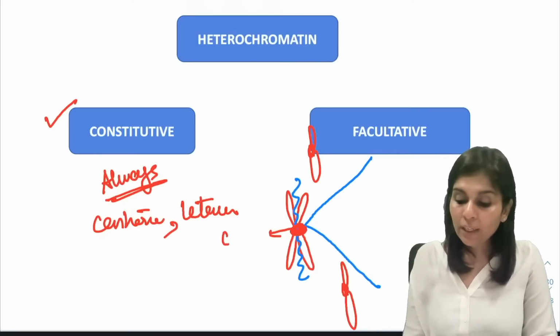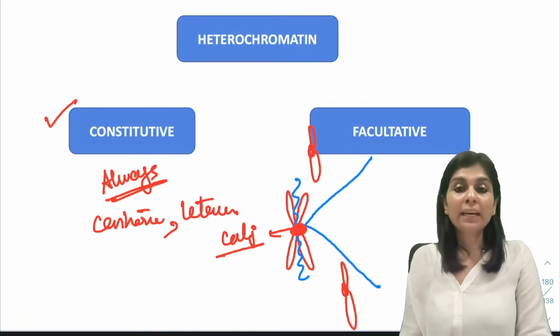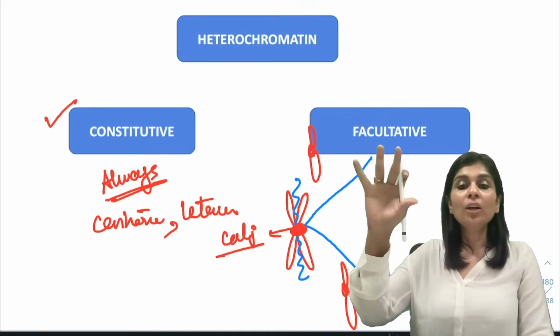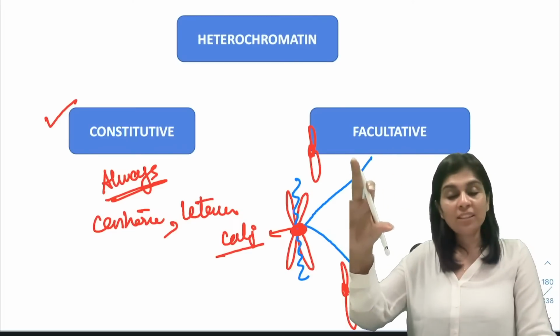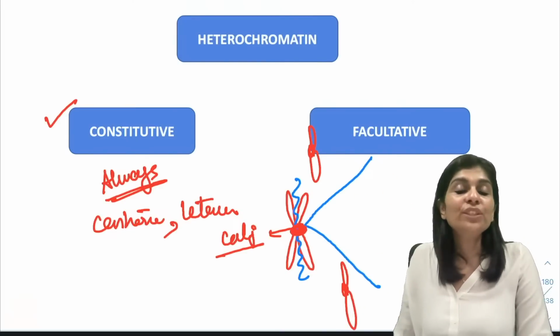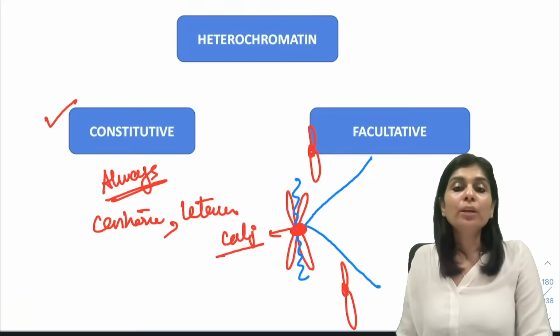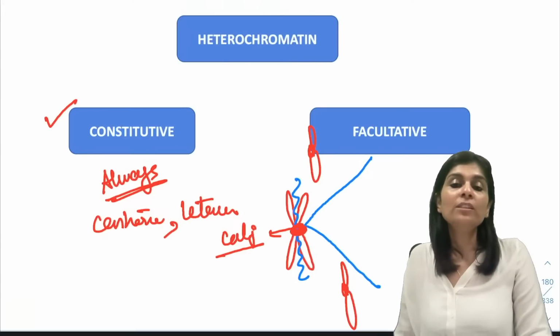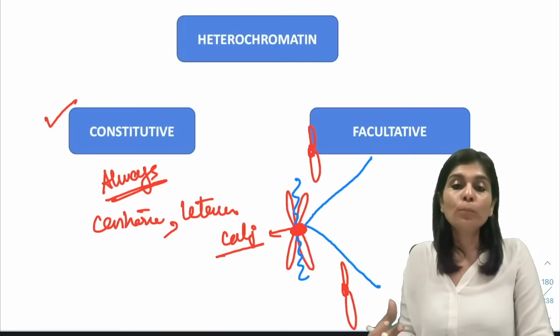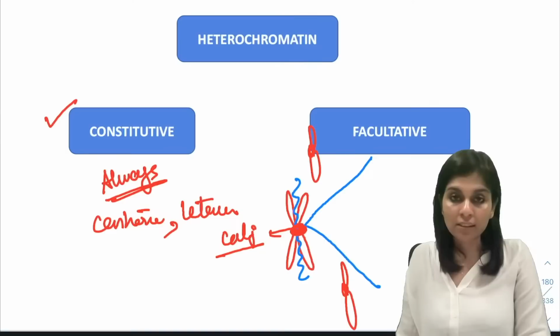Had it been provided with coding sequences, during metaphase and anaphase, when the centromere breaks, one cell would have undergone duplication of genes, the other cell would have undergone deletion of genes, both of which are detrimental. And because nature knows that the centromere is subjected to repeated breakage, nature has provided your centromere with non-coding sequences.